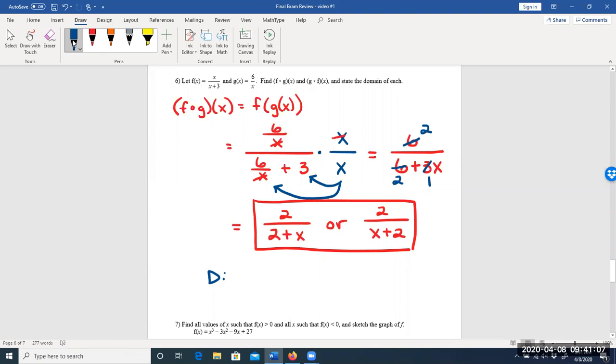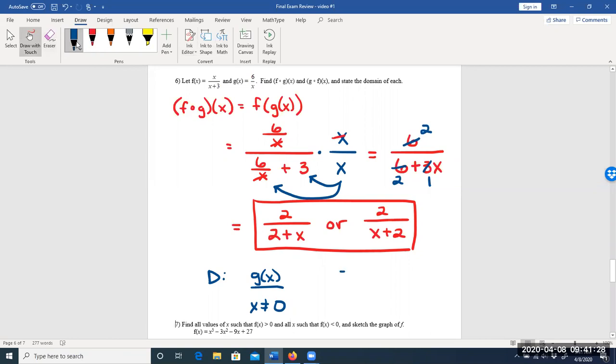So the domain of g of x is that x cannot equal 0. Because if you look up here at the function g, we have x in the denominator, and so we do not want x to be 0 because division by 0 is undefined.